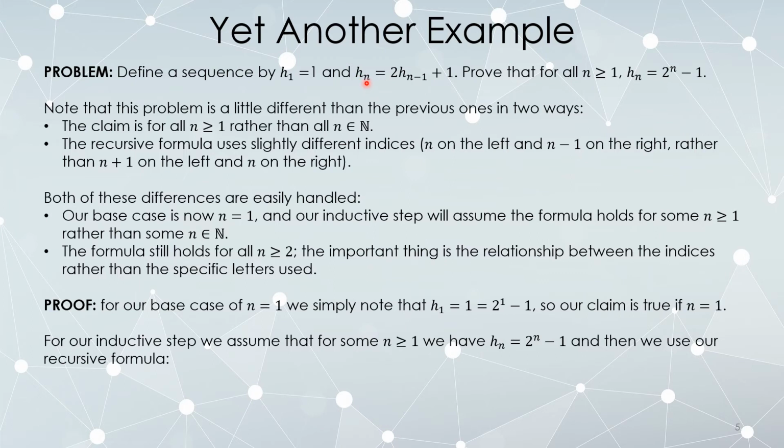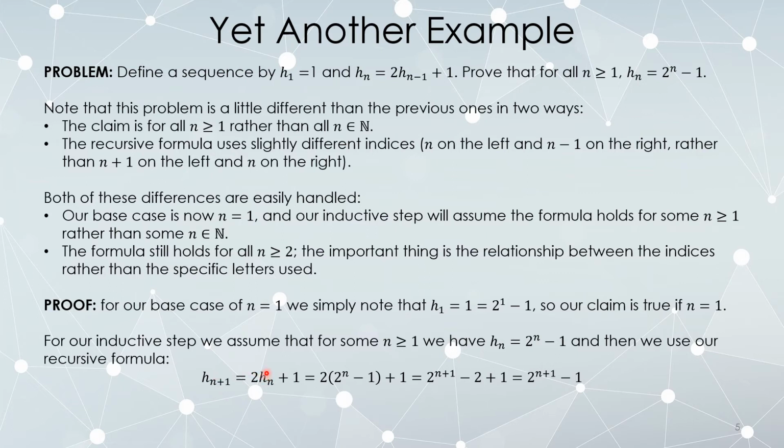Simply notice that this index n is 1 larger than this index n minus 1. So we can get the following: h sub n plus 1 is 2 times h sub n plus 1. That is the same recursive formula we were given. This index is 1 larger than that one, except instead of this being an n minus 1 and this being an n, we've made this term have index n and this term have index 1 larger, which is n plus 1.